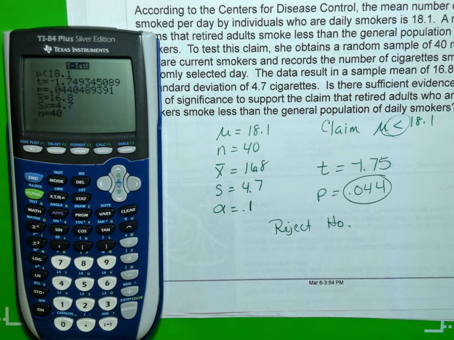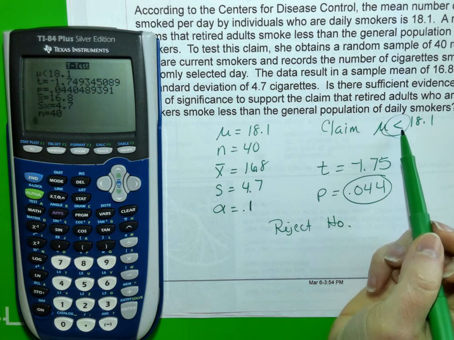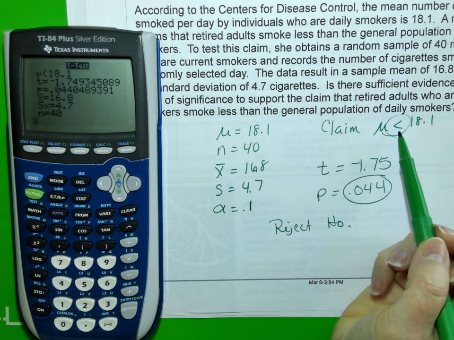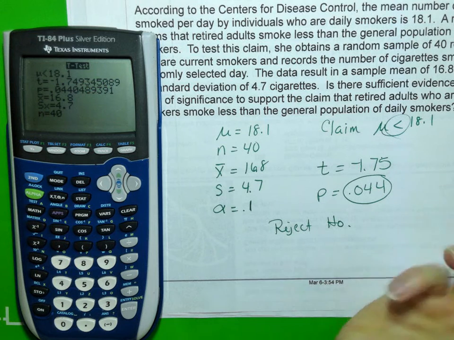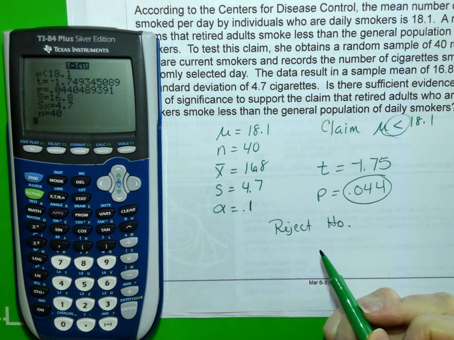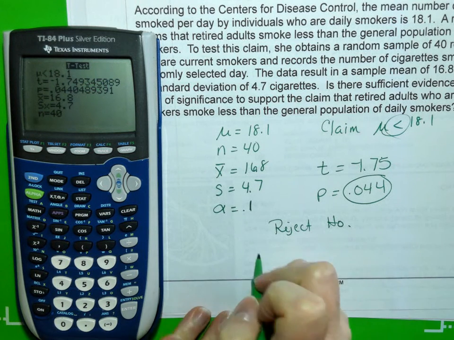Go back to your conclusion page. Does the claim have equal in it? No. So we go down. Do we reject? Yes. So what are we saying?